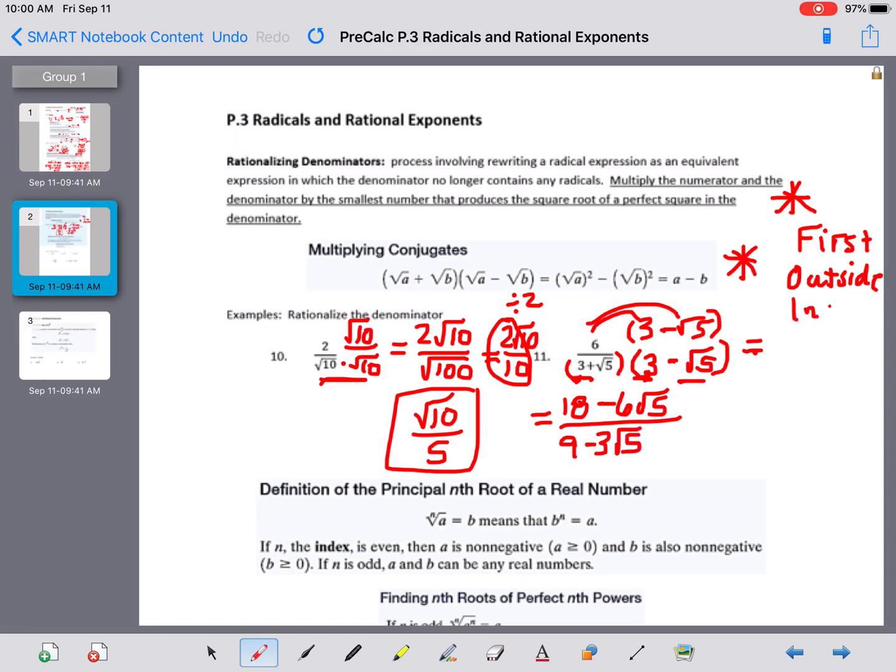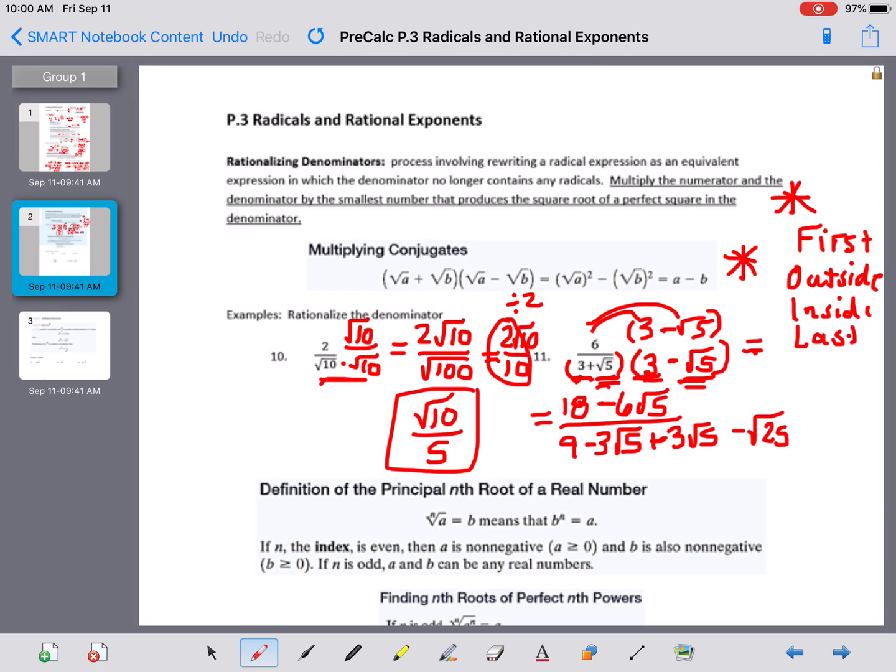My inside terms when I'm foiling here, that gives me positive square root of 5 times 3, which is positive 3 square root of 5. And finally, the last terms when I FOIL. So I have the square root of 5 times negative square root of 5. And a positive and negative make negative. I can multiply those together and get the square root of 25.